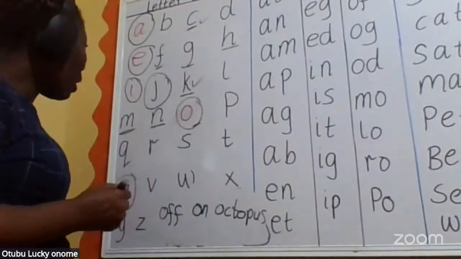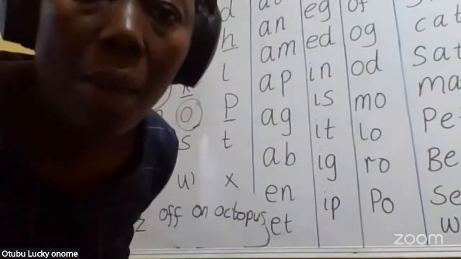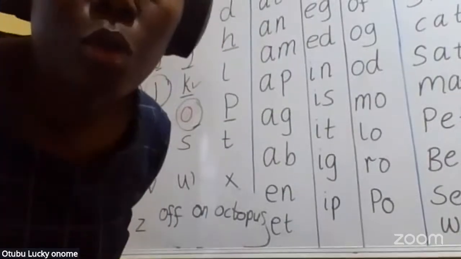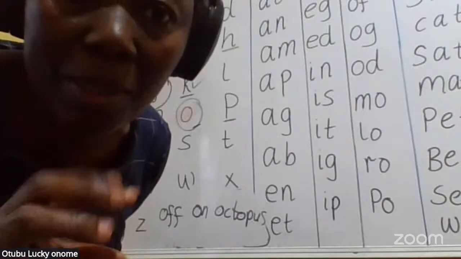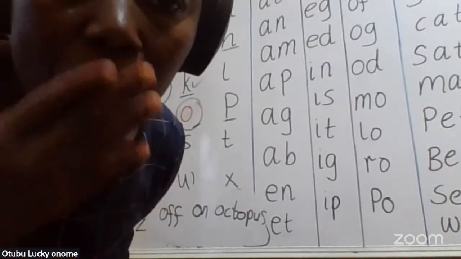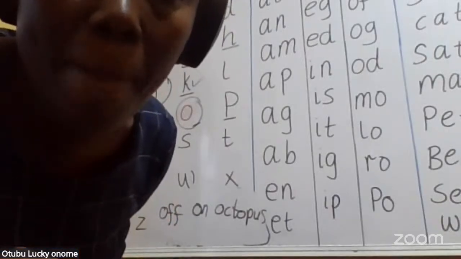The next sound: you close your mouth and you release a sharp air. When you put your hand like that, you will feel the air coming out of your mouth.